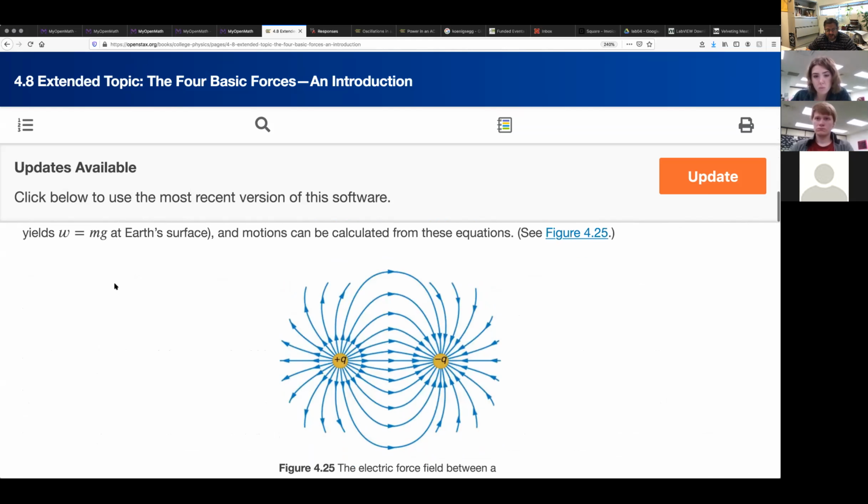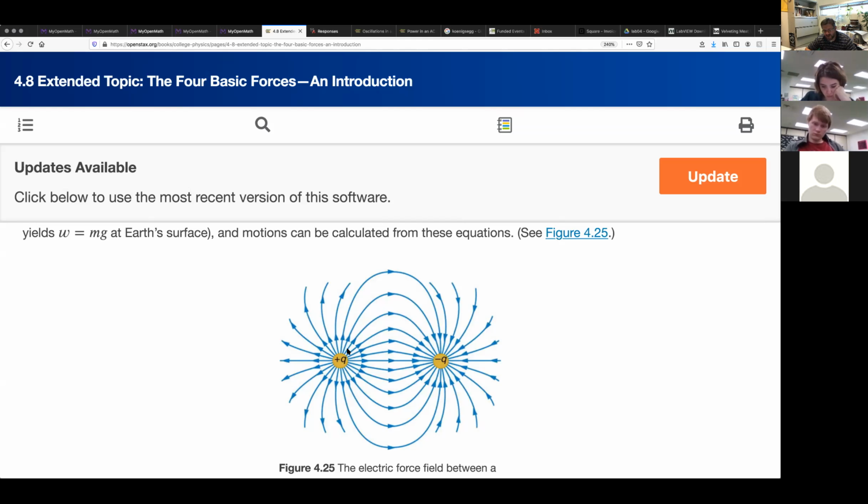Some of these forces can reach out and act at a distance, like the electromagnetic force can act without being in contact, just by acting through space or a vacuum or whatever. So can gravity. Gravity can act through a vacuum. Some of them not so much. Well, I guess all of them can do this, but it's a little bit different with some others, like the weak nuclear force and the strong nuclear force.